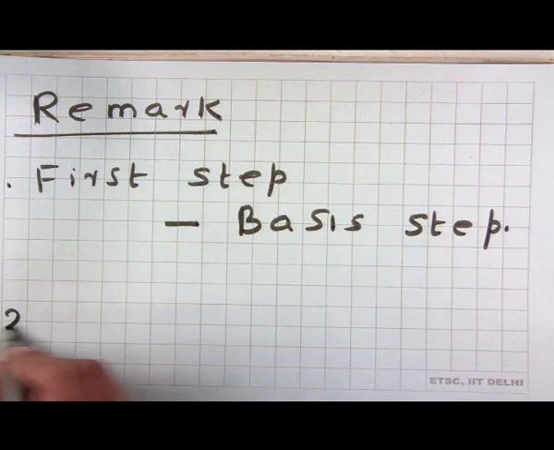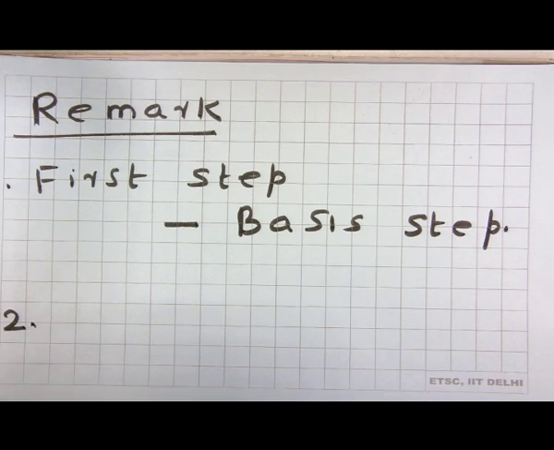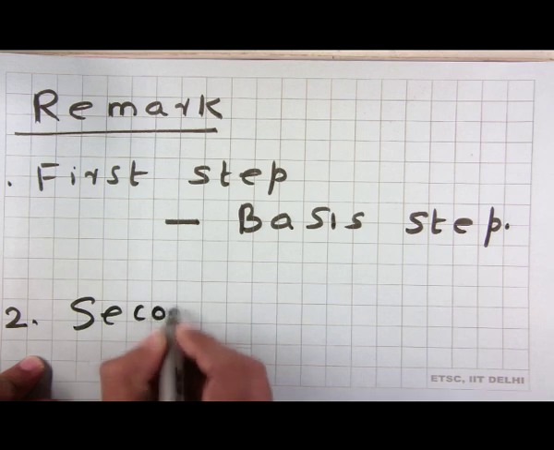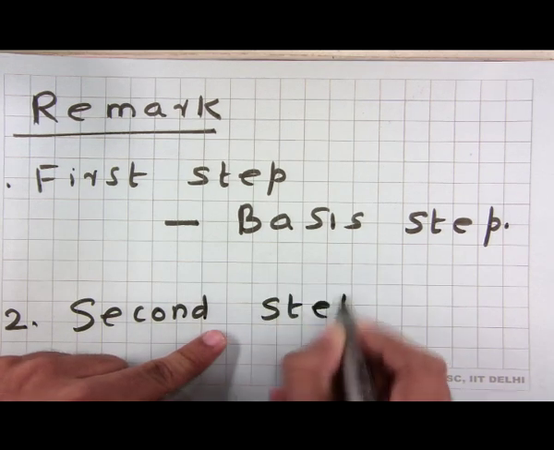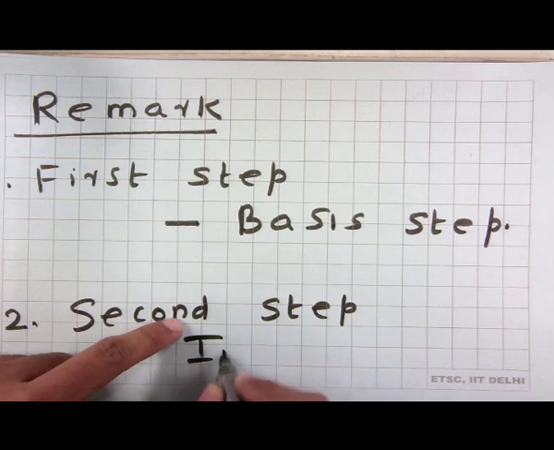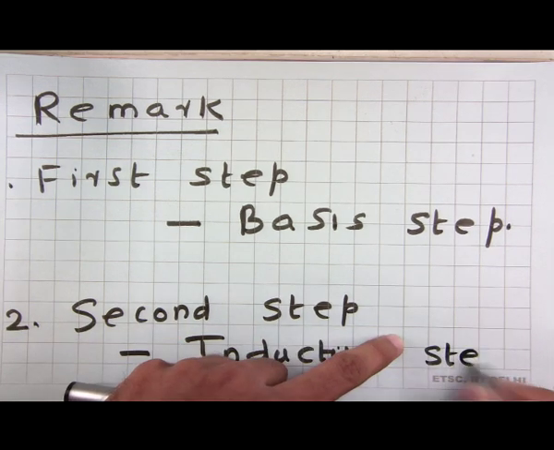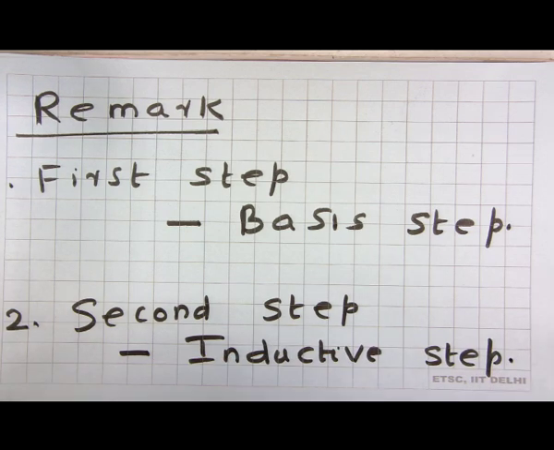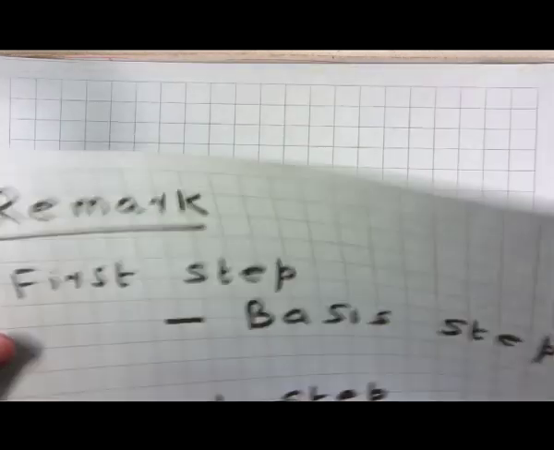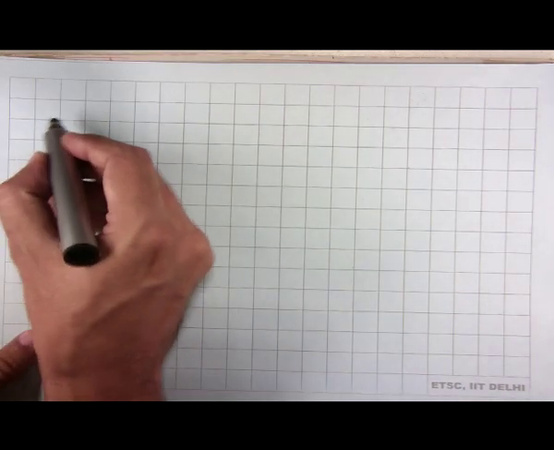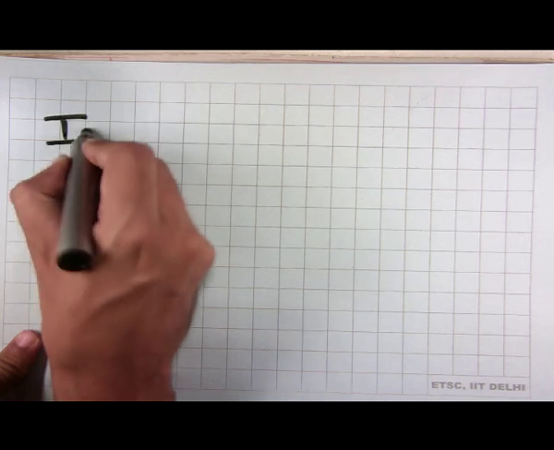And the second step, the crucial step in which we assume that P of k is true and we prove that P of k plus 1 is true, is referred to as inductive step. And in the second step, the assumption that P of k is true is generally referred to as induction hypothesis.